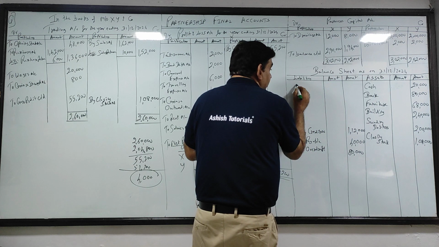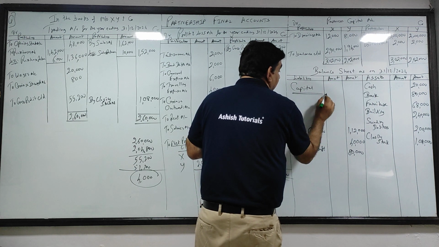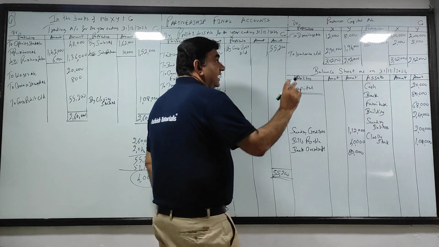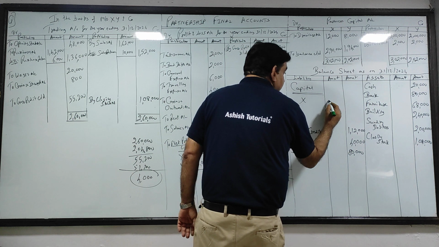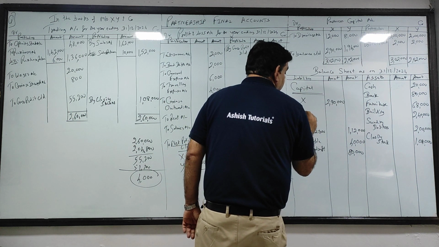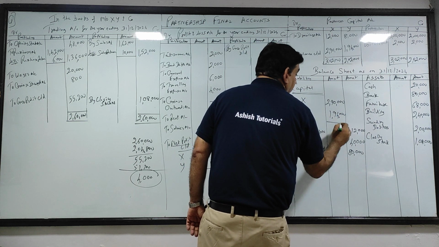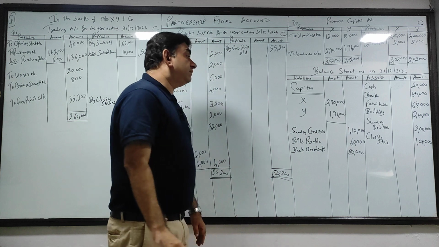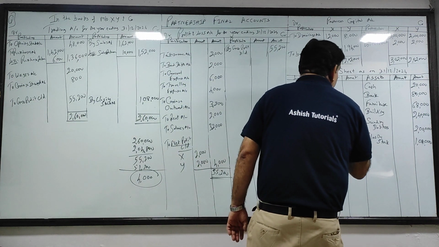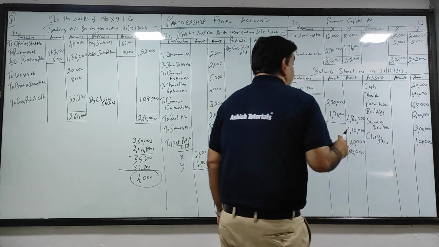Now listen how we'll write. Come to the liability side. Write there capital, or you can say capital account. X's is how much? 290. Write X in the first column 2,90,000, Y in the first column 194. So 290 plus 194, total 4,84,000.